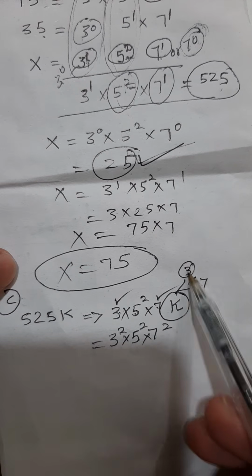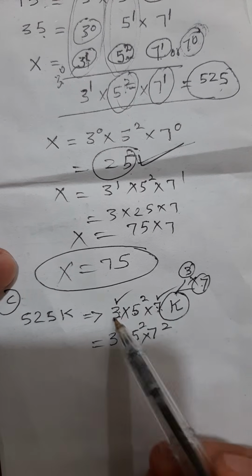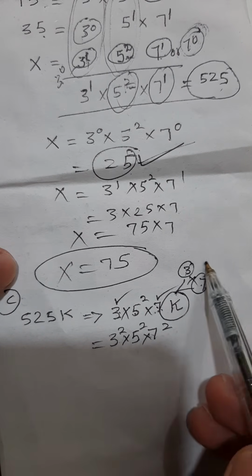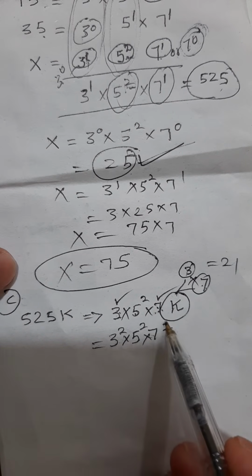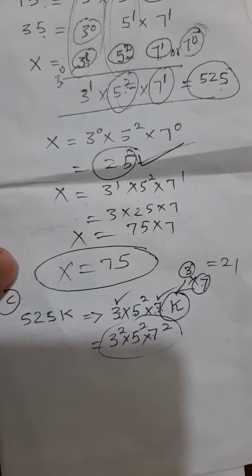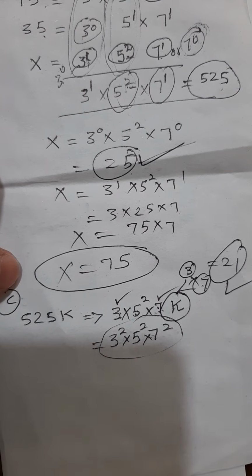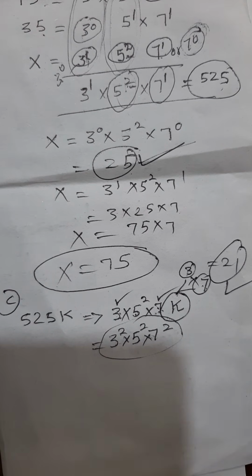So I need 3 and 7 to make these numbers in square form. So k must be 3 into 7, that is 21. Then all these numbers are in square form, and they will be a perfect square. So k will be equal to 21. The answer for this part number C.